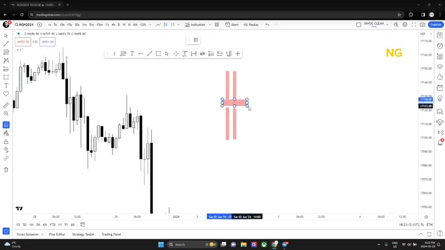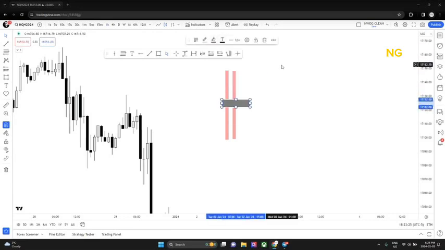The fair value gap to the left goes through the other.